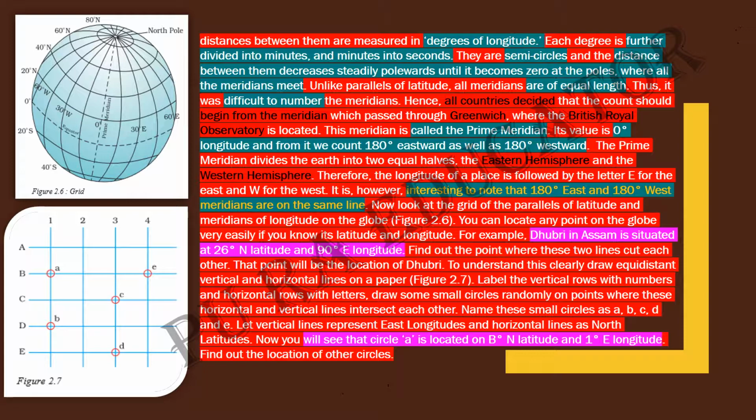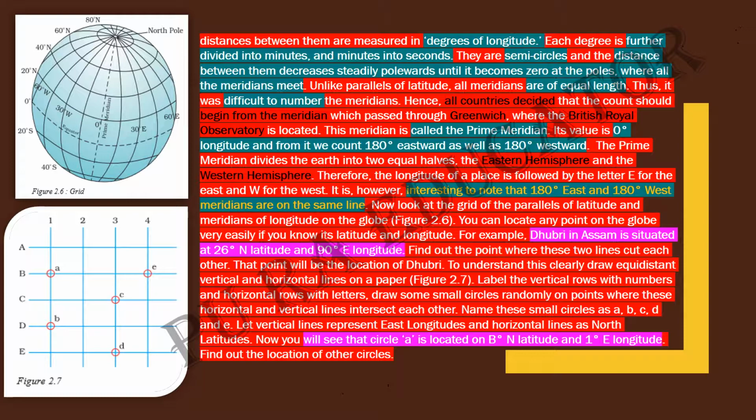So it was very difficult to take a base meridian from where all the meridians should be measured. So all the countries decided that the count should begin from the meridian which passes through the British Royal Observatory. It will be taken as the base meridian.